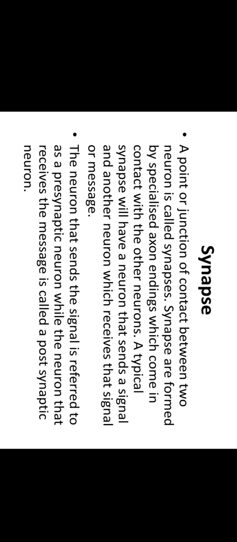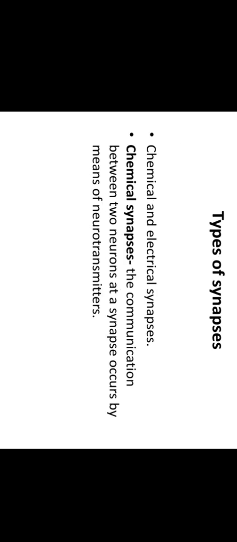Sender neuron is called presynaptic neuron and receiver neuron is called postsynaptic neuron. It means the junction or union between presynaptic neuron and postsynaptic neuron is called synapse.